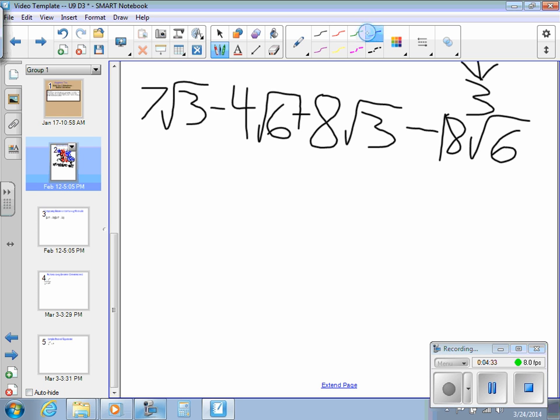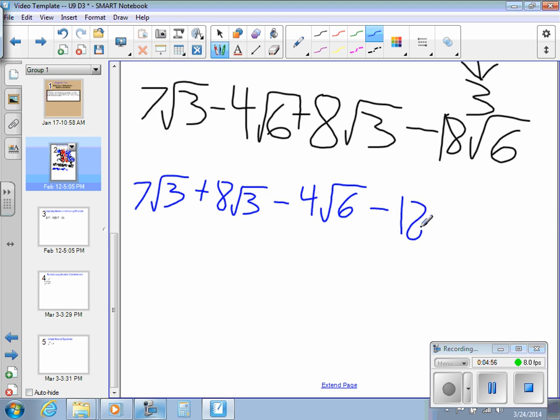So I have, and I'll change colors just to make it easier to read, 7 times the square root of 3 plus 8 times the square root of 3 minus 4 times the square root of 6 minus 18 times the square root of 6.